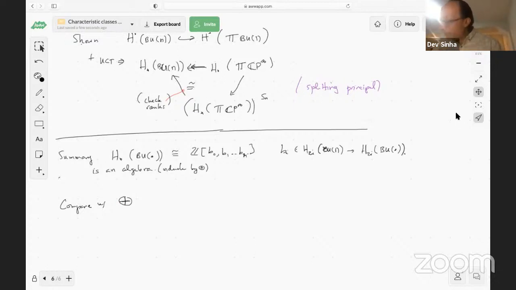So what I'm going to do is take the direct sum of the cohomologies of BUN, and that ends up being the direct sum of these Chern classes. I called it Ci of gamma n, but let's just call it Cin.